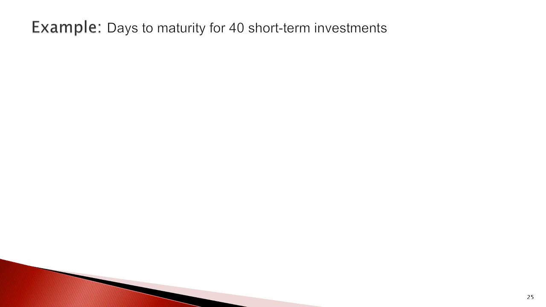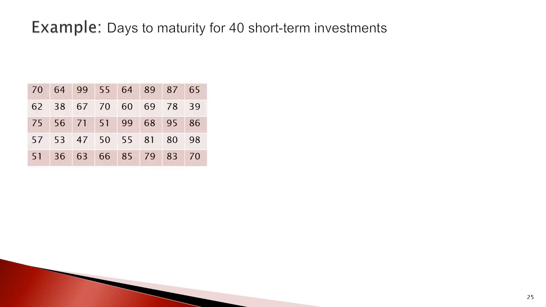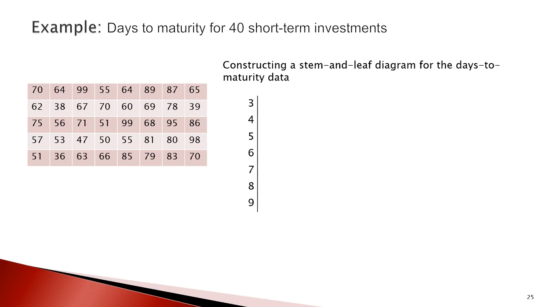Here in this example, we have data containing days to maturity for 40 short-term investments. We note that these observations are two-digit numbers, right? Thus, in this case, we use the first digit of each observation as the stem and the second digit as the leaf.